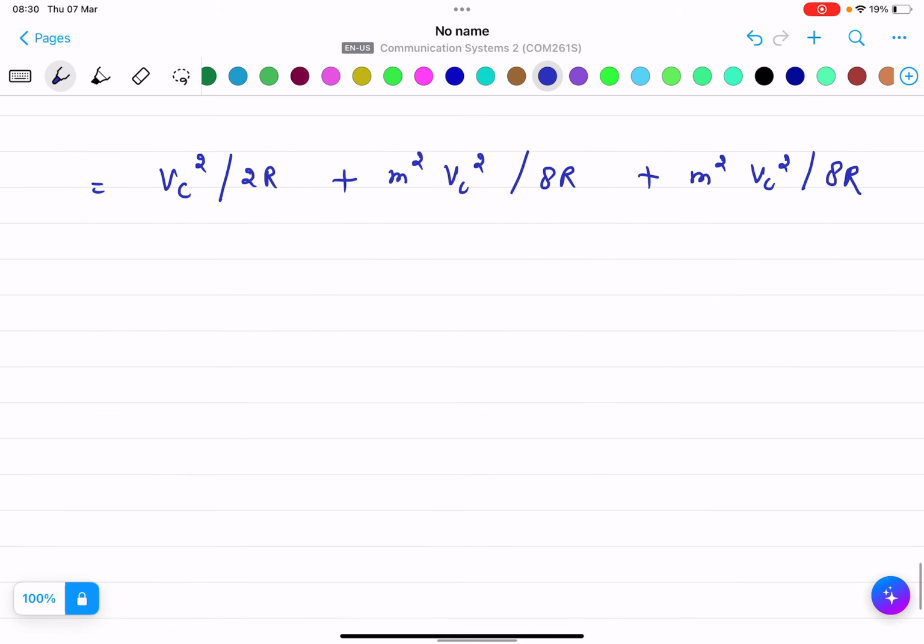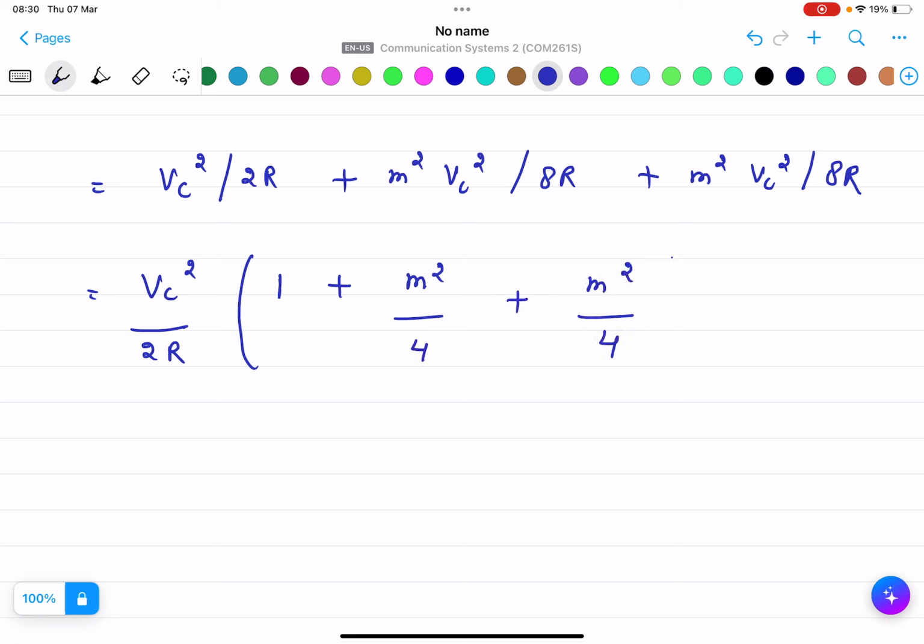If I take Vc square by 2R common, then I will get 1 plus m square by 4 plus m square by 4. That means I can write Vc square by 2R times 1 plus, adding these two, m square by 2.